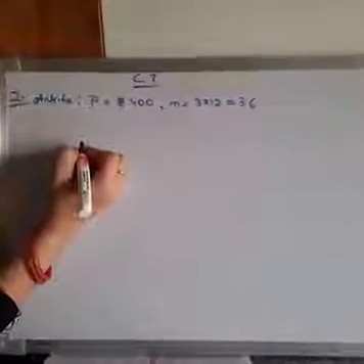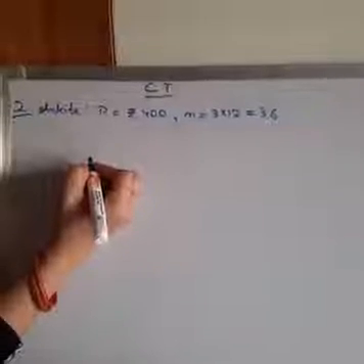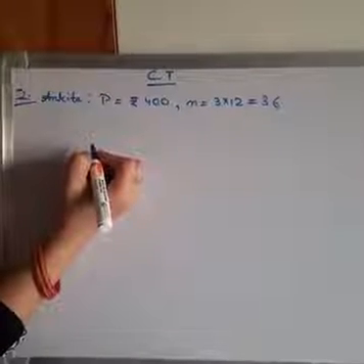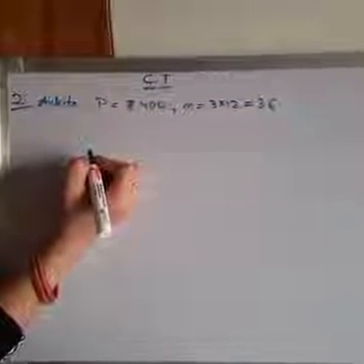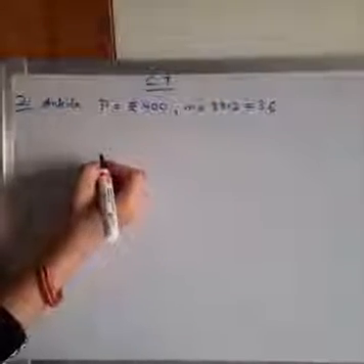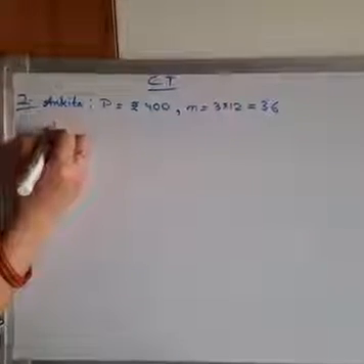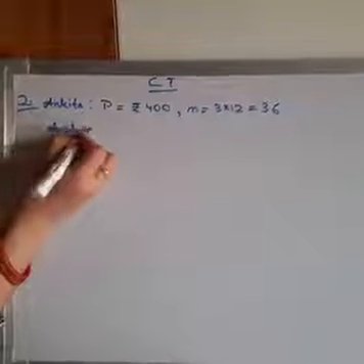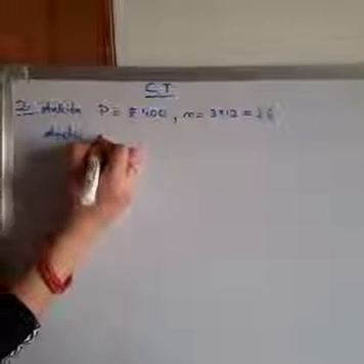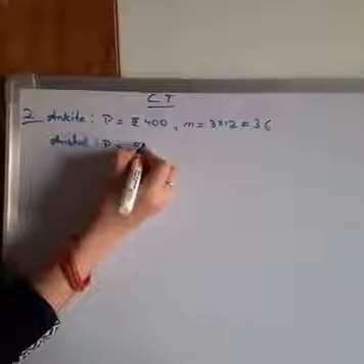After 6 months, her brother started paying rupees 500 per month in a 2.5-year recurring deposit. So next let us take Anshul. How much is he depositing per month? Rupees 500.